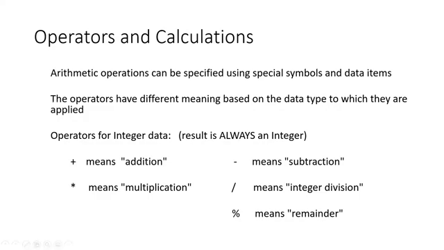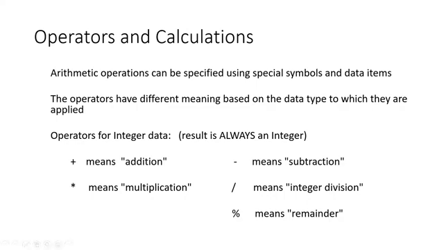And when the two pieces of data that you're working with are integers, the result is always an integer, which is slightly different than maybe your experience in a math class. Let's take a look at this. Plus, as you might expect with integers, means addition. We add the two numbers together. Minus means subtraction. The asterisk is the symbol used for multiplication. If you've ever done anything with spreadsheets like Microsoft Excel, you know that the asterisk is the multiplication symbol.